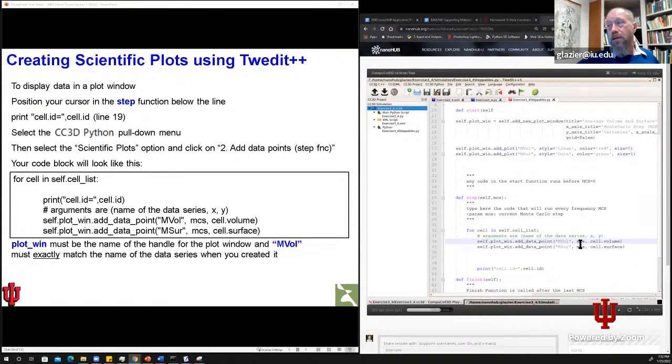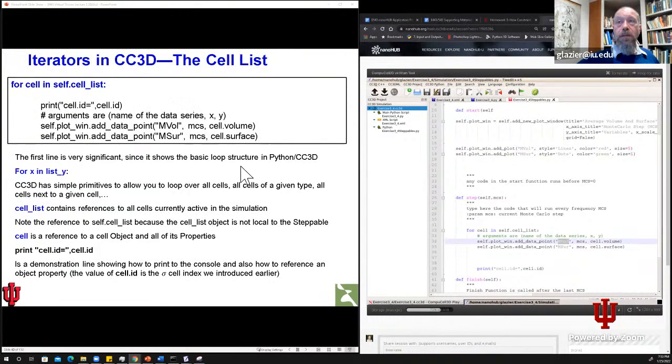And here I'm going to plot on the x-axis the time and the y-axis the cell volume and surface area. The name of the handle, plotwin, has to match exactly what I had here. If this was plotwin3, it would have to be plotwin3 here. The name of the data series, mvol, has to match exactly down here. Okay.